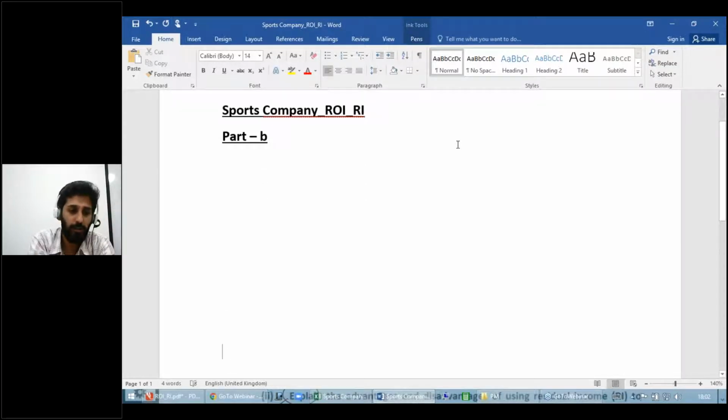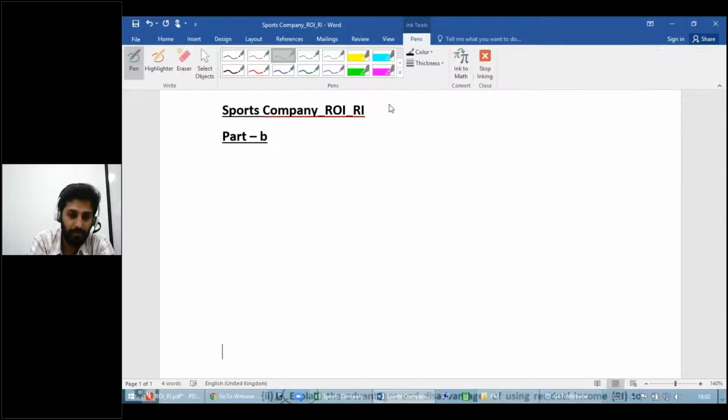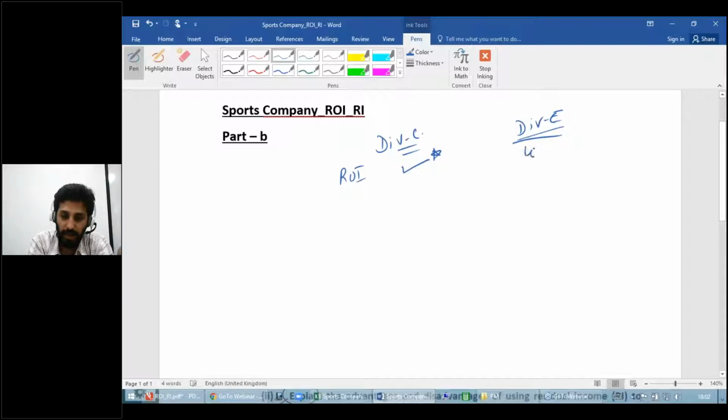Now the point here is that this is division C and that is division E. Division E's ROI is lower. Investment 2 million, obviously its ROI would be lower.